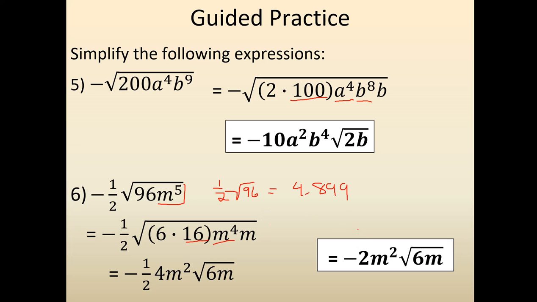And then what I would do is go over to this and do 2 radical 6. I'm ignoring the variables right now, and I get the exact same number, 4.899. So this can be done as a way of checking to make sure that your numbers are on the right track.